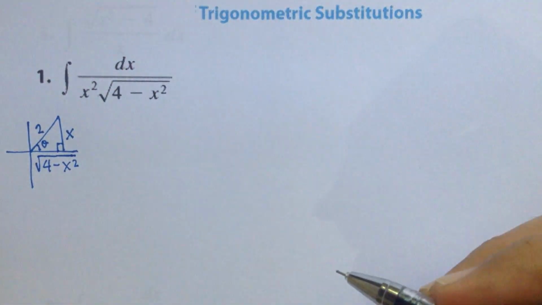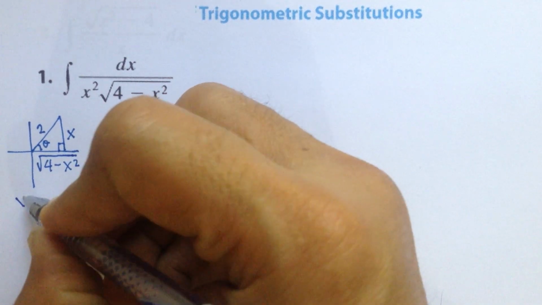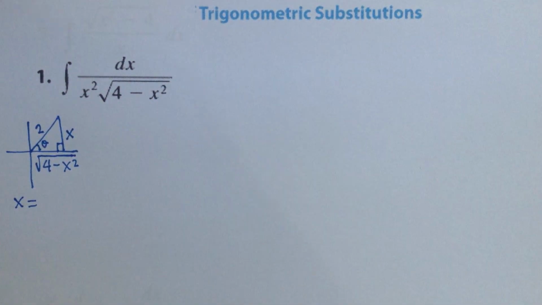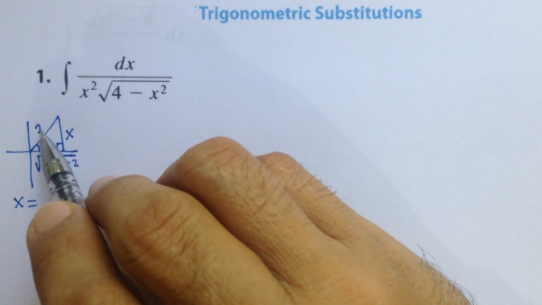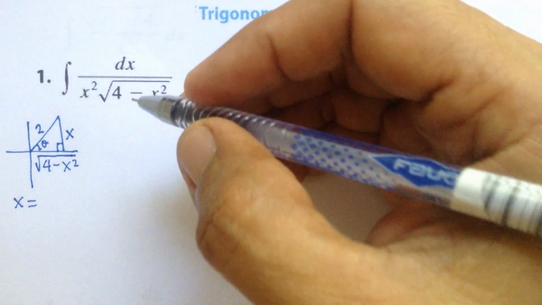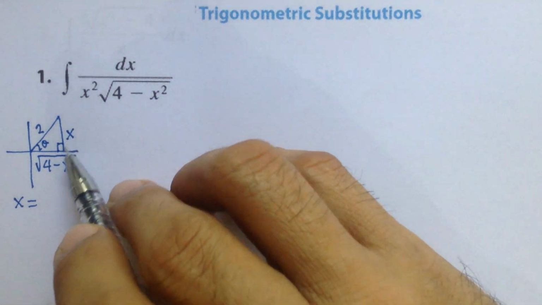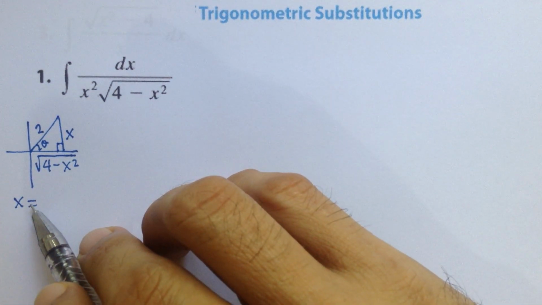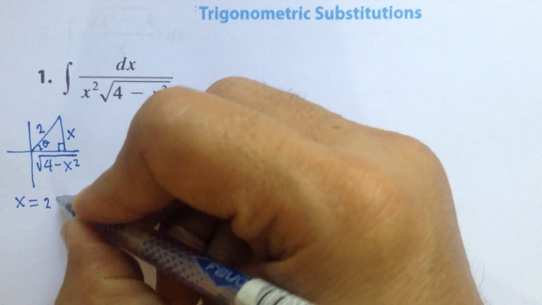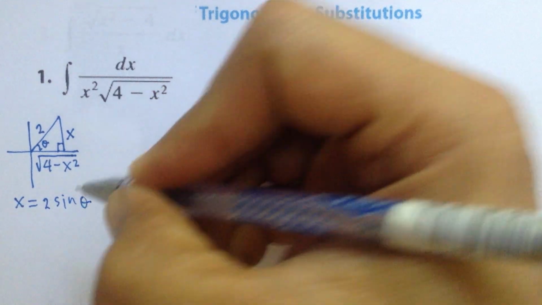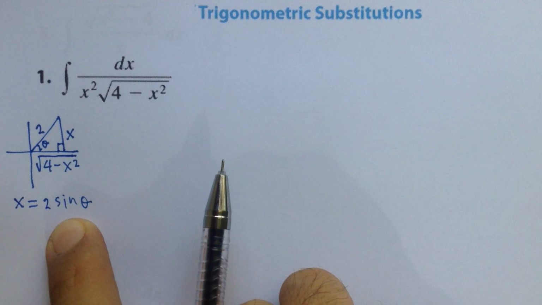And from this, remember, you have opposite over hypotenuse, no? Is your sine. So sine theta is opposite over hypotenuse, and opposite is x, and you can express x in terms of 2 and sine, so that would be x equals 2 sine theta.